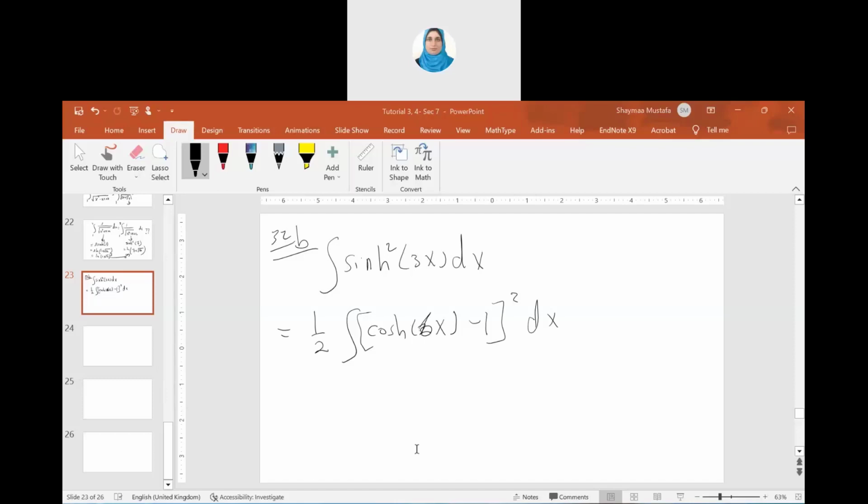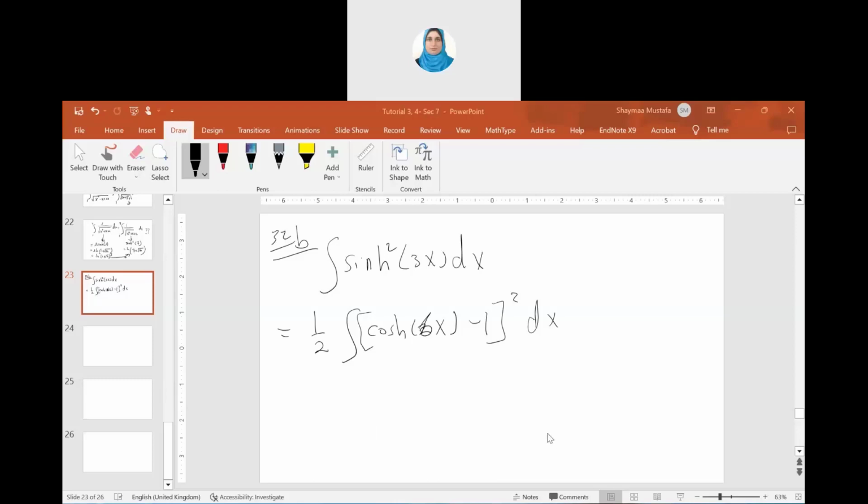Okay, about the identity for the cosh squared, sorry, sinh squared. Oh yes, without square.